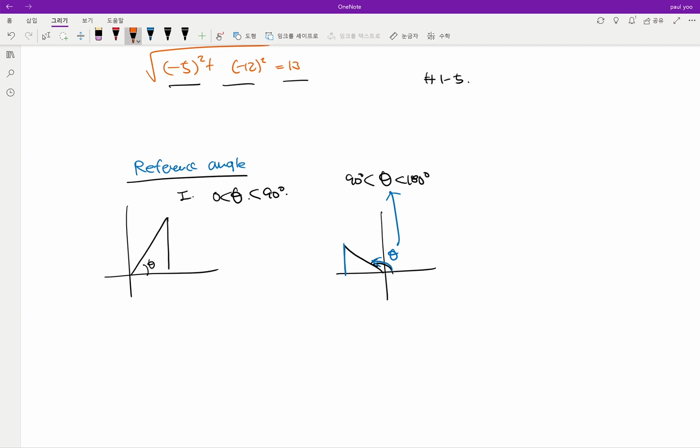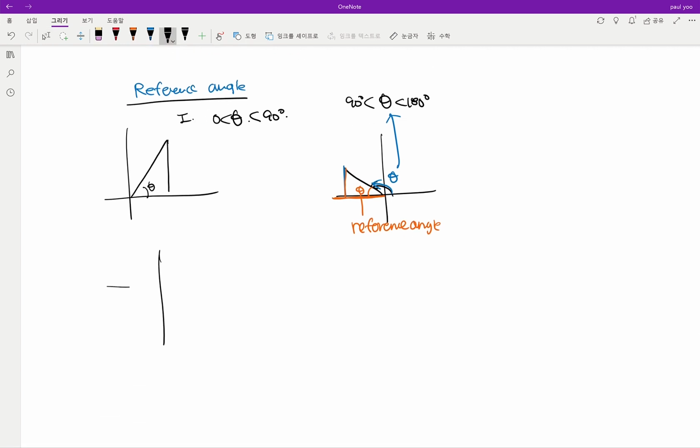So even though this is the data, your triangle should always have a leg on the x-axis. So this is the angle that the triangle has, and this angle is the reference angle. And this applies to the third quadrant: if this is the terminal side, and the angle is in between 180 degrees and 270 degrees, that is going to be the angle.